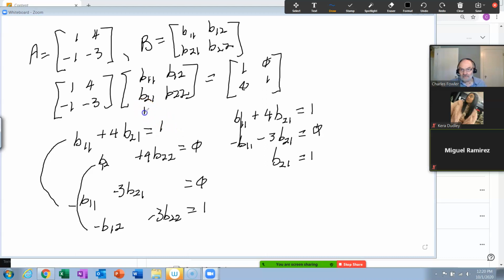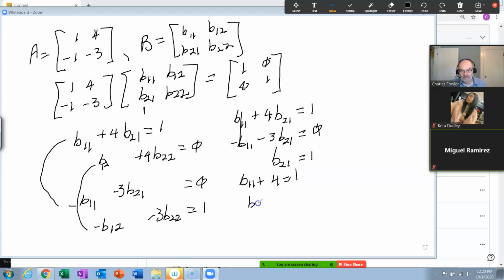So B21 is equal to 1. Okay, let's put that back into, say, the top equation, and that would give you B11 plus 4 times 1, that's 4, is equal to 1.